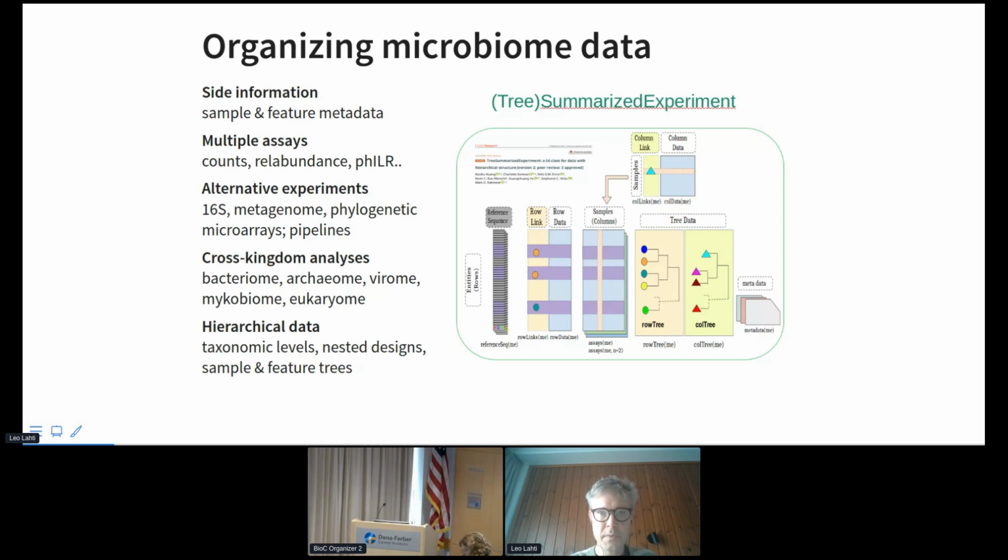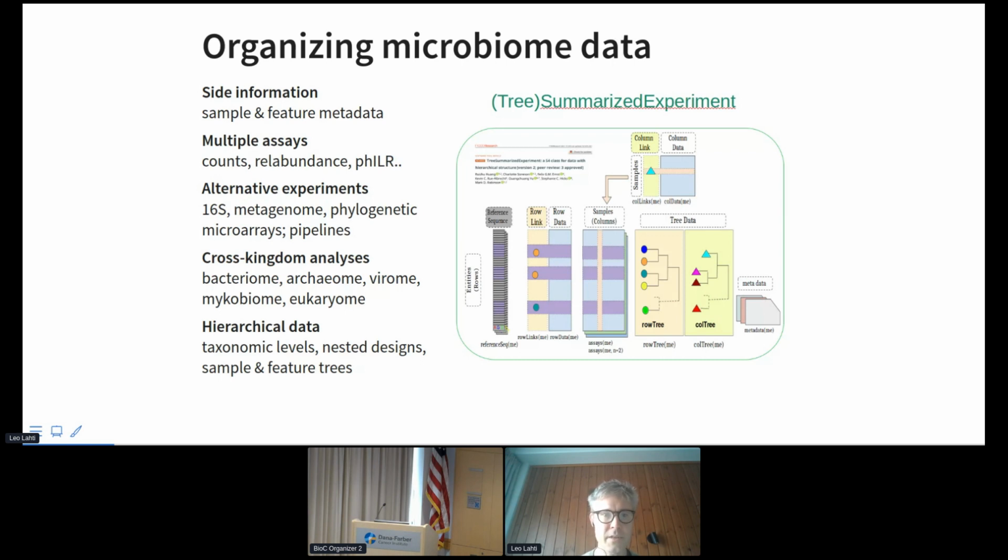So in a typical microbiome profiling study, usually we traditionally deal with taxonomic profiling. In that case, the abundance matrix would contain the abundances of different taxonomic units across samples. But in addition to the abundance tables, we usually have rich side information about the features and the samples.